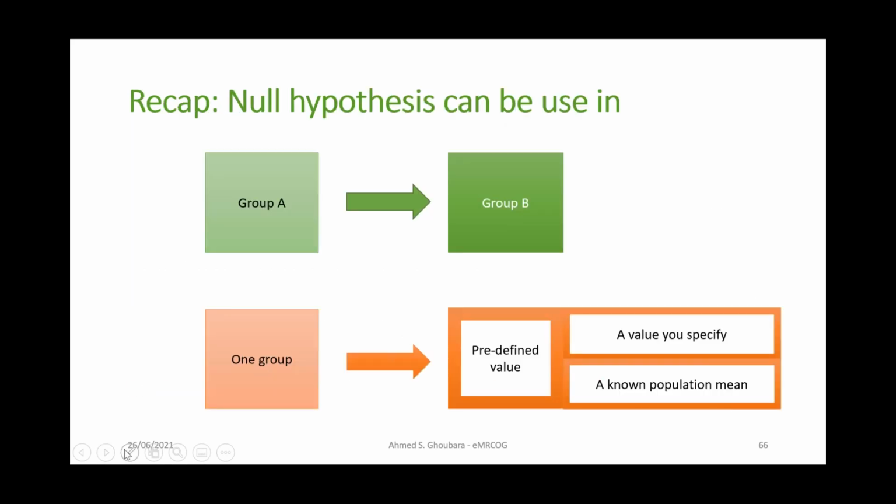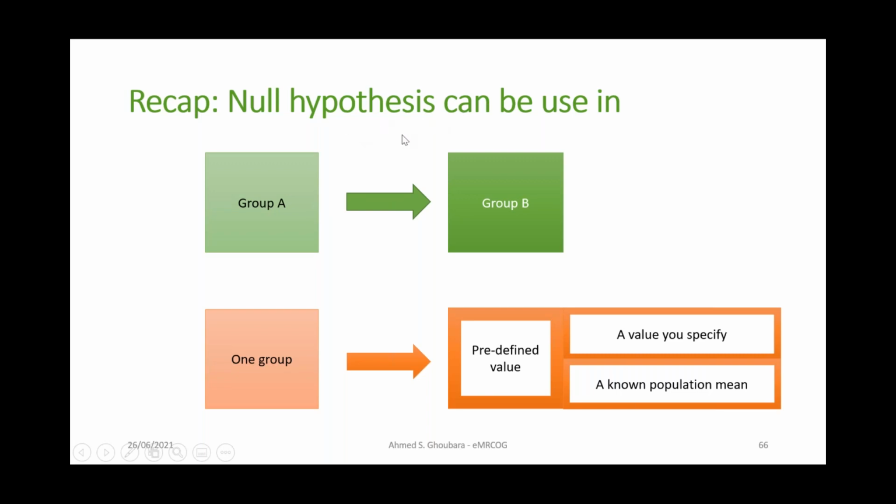So let's recap this in a minute. The null hypothesis states that there is no difference between the groups, that everything is negative, that the difference you saw is a fake difference, that everything is equal, just by chance.